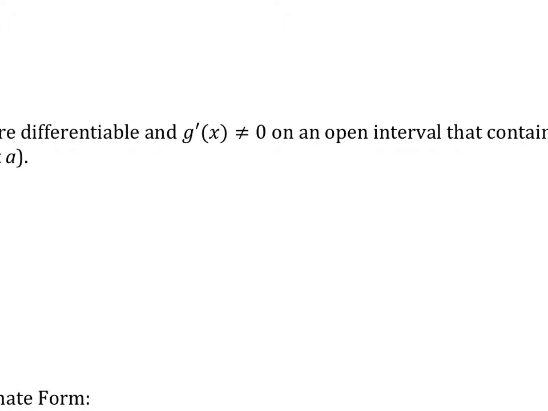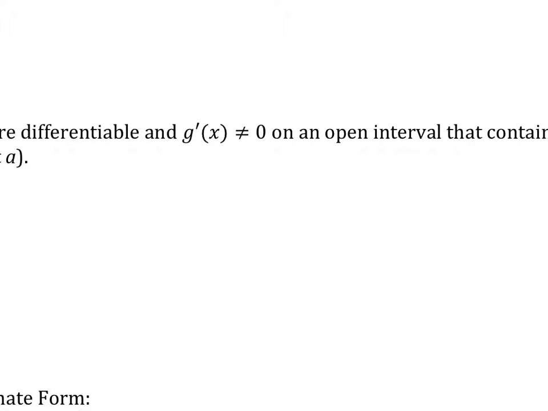Again, you have two functions, f and g, and they are both differentiable, meaning you can find the derivative. And g is the one in the denominator. g prime is not 0, and we are talking about an open interval that contains a.